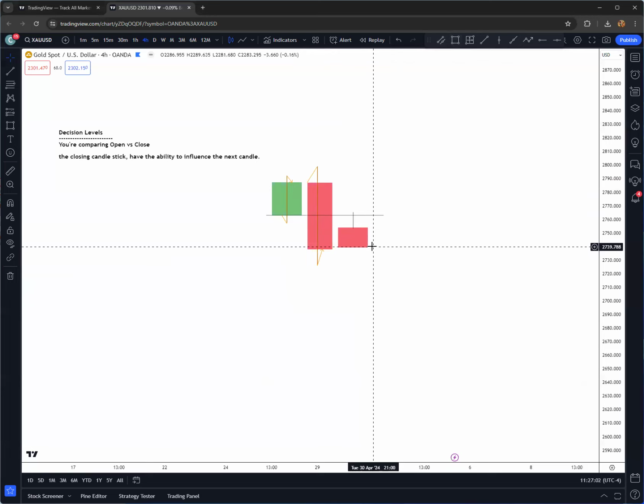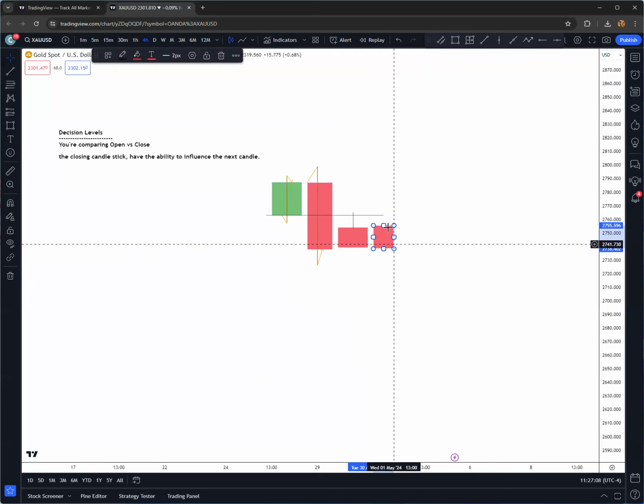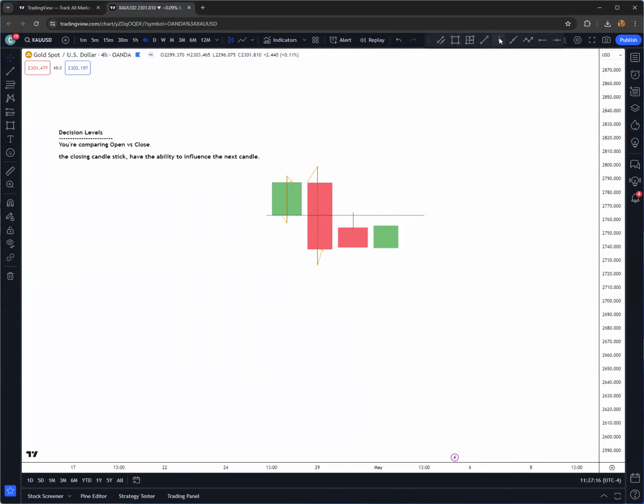You could also have another candle here. The color could be different. It doesn't even matter. The color could be green. It doesn't matter. The only time this matters is when this green candle closes above this, because it would have engulfed this candle and changed the direction, to say, okay, more likely this wants to influence the price to continue up.